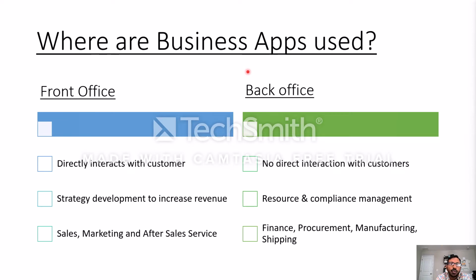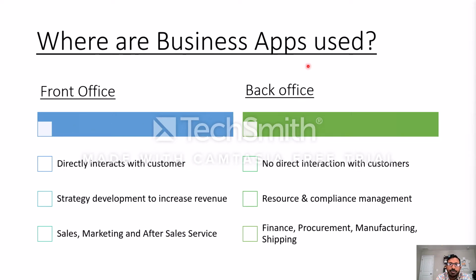Let's talk about what the front office is. Front office comprises core resources who generate revenue. They are the responsible team who take care of selling their product and providing after-sales service. This is the team who directly interacts with the customer.